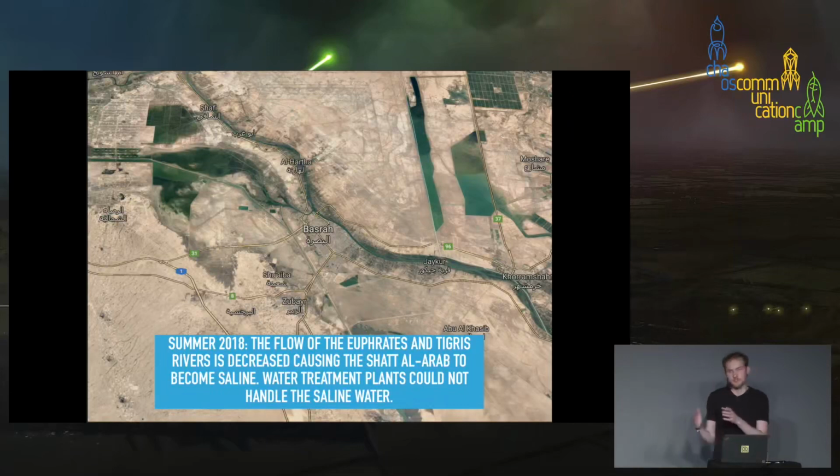This set off a chain of events where, because of the low amount of water coming down the river, salt water from the Persian Gulf intruded its way up the Shatt al-Arab, and the water around Basra became too saline for water treatment plants to handle. Indeed, the water wasn't drinkable, it wasn't even usable. And this is one of the key catalysts that got people out onto the streets.